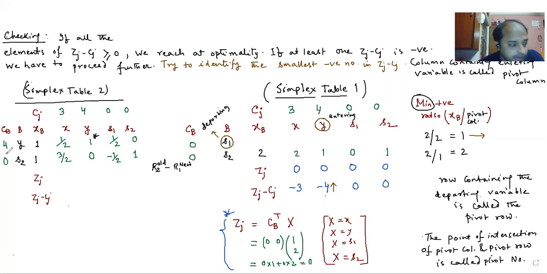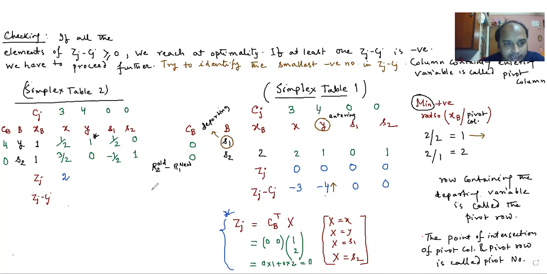So now we are going to get Zj as 4 into half plus 0 into 3 by 2. 4 into half means 2. So I'm writing here 2.